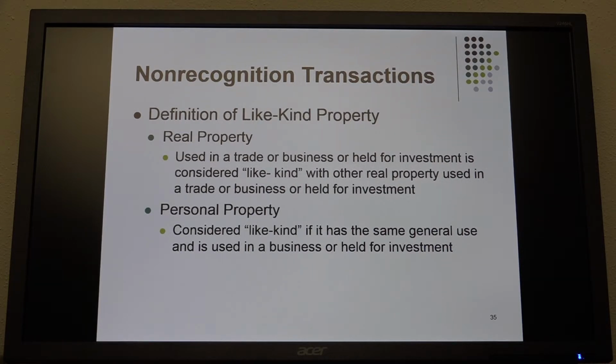And so essentially what it boils down to is that when you exchange personal property for other personal property, they basically have to be of the same general use class. And so if you look at, try to find it here.